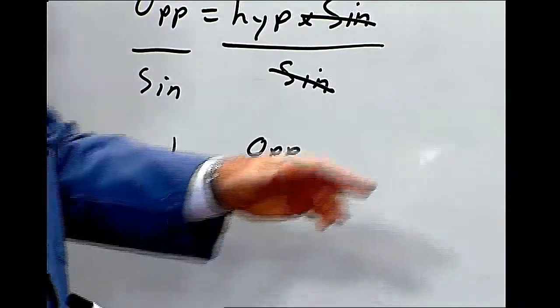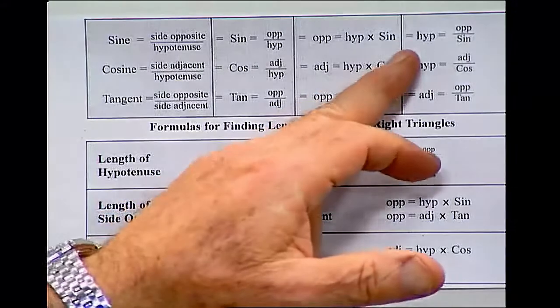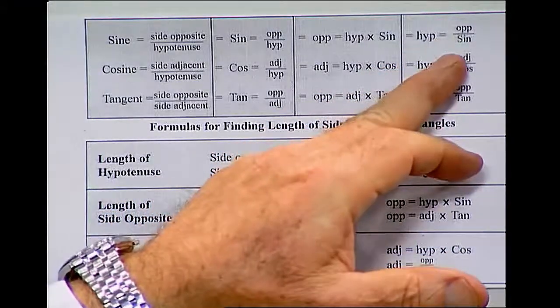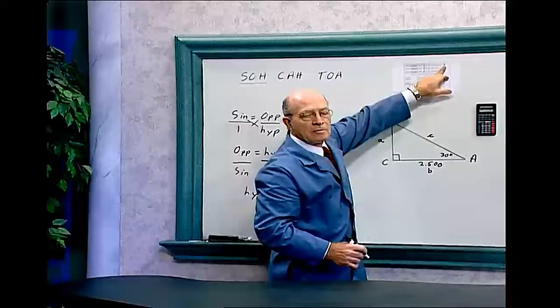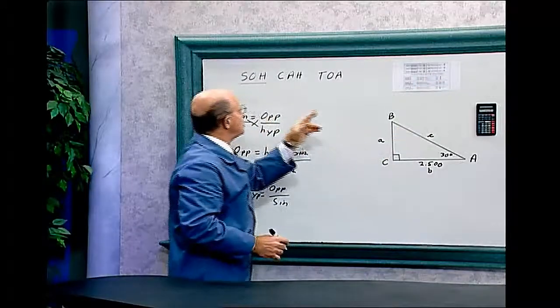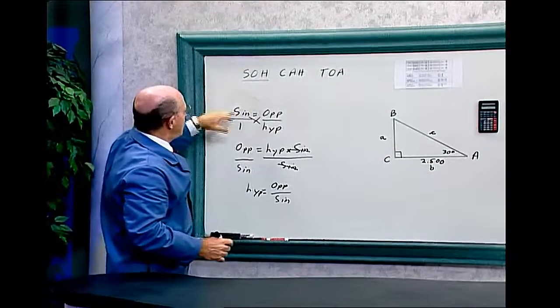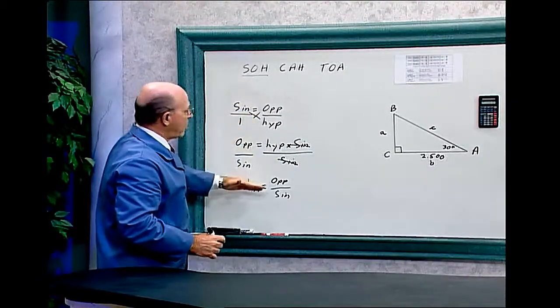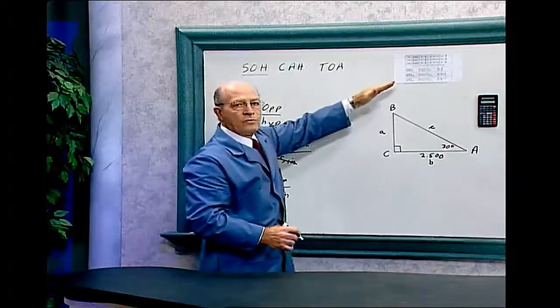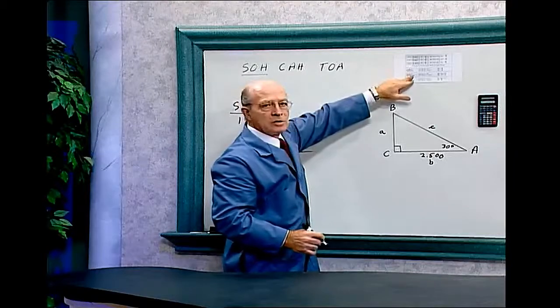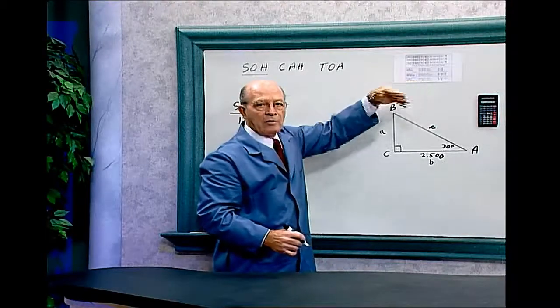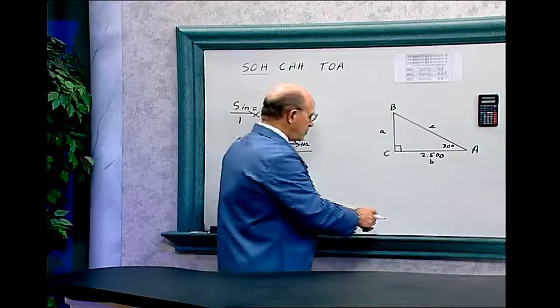And that's what we have here: hypotenuse equals opposite divided by sine. And so you just have to know SOHCAHTOA, and then use algebraic skills, and you can find all the formulas that you need to solve unknown sides.